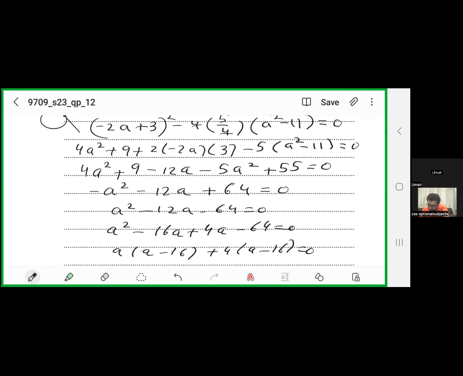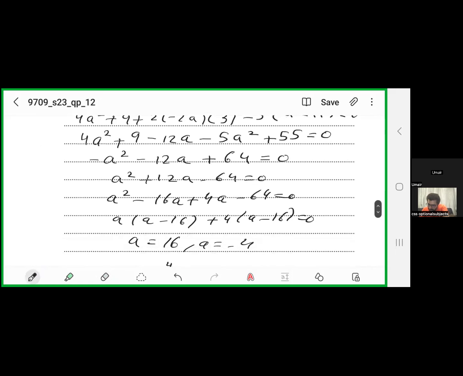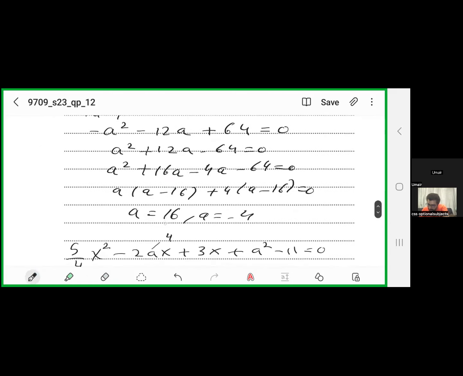That's why you need to recheck your answers again and again. So here it will be plus. Excuse me for this one. So a is minus 16 and plus 4.